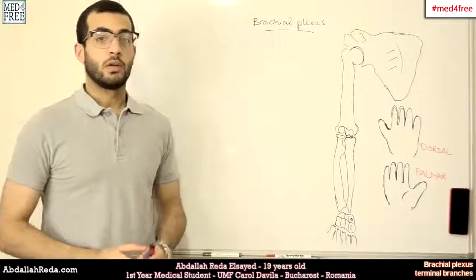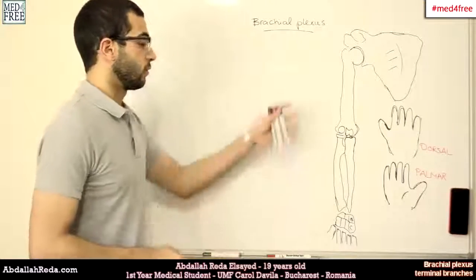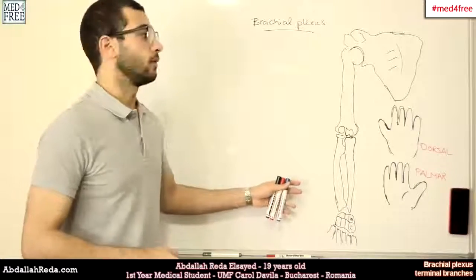Today we're going to talk about the terminal branches of the brachial plexus, their course through the upper limb and the muscles that they innervate and so on.